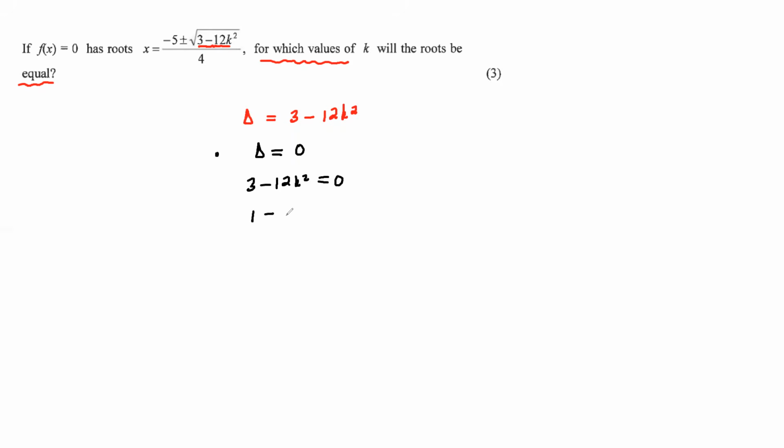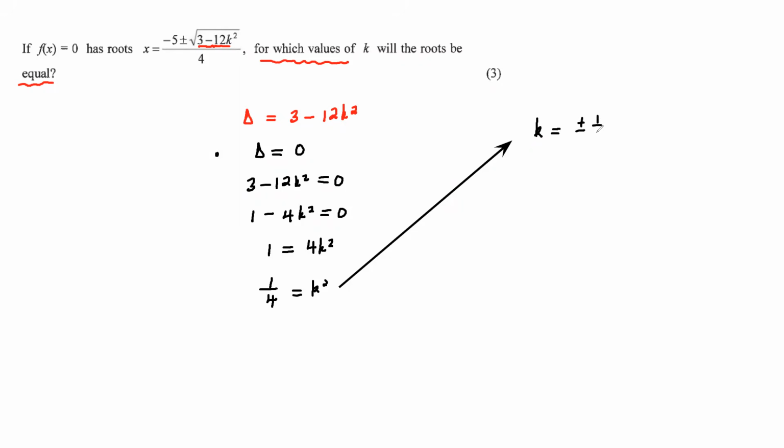That becomes 1 minus 4k squared is equal to 0. Then that means 1 is equal to 4k squared. Divide everything by 4. 1 over 4 is equal to k squared. Then eventually, I'm going to square root this one in order to get my k values. So my k value becomes plus or minus a half.